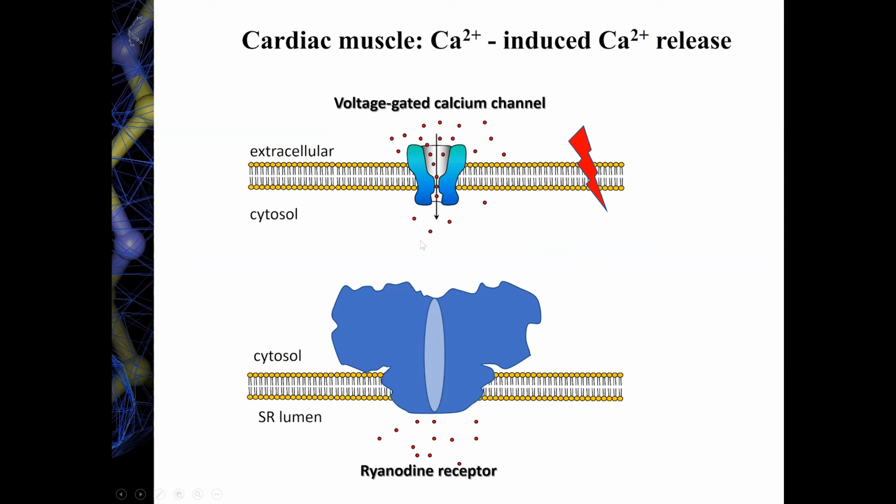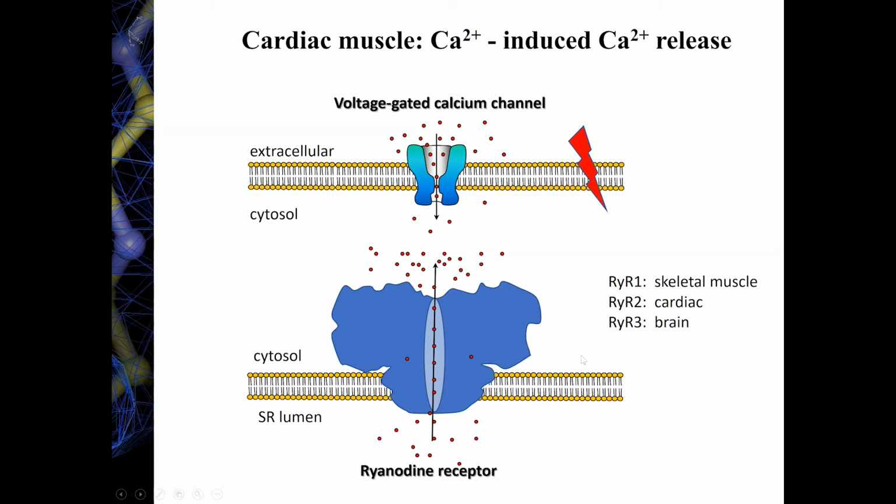As a result, calcium will flow into the cytosol. That can bind to a nearby Ryanodine receptor, which is then triggered to open, and which allows release of calcium stored in the SR also into the cytosol. And so the primary role of the Ryanodine receptor here is the role of a signal amplifier. Essentially, it detects some calcium and it amplifies that calcium signal.